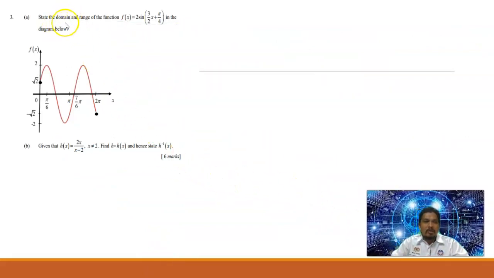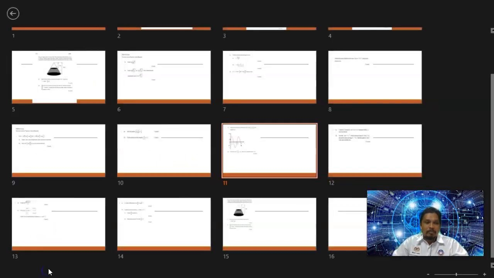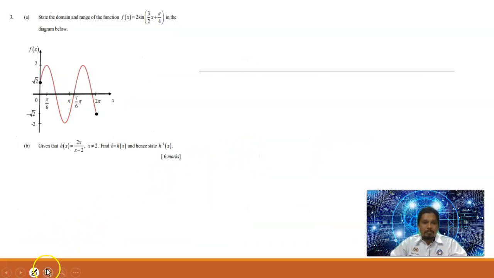So now state the domain and range of the function in the diagram below. Okay, this is the function given here, and this is the graph. Now state the domain and range. So domain is all values of x.